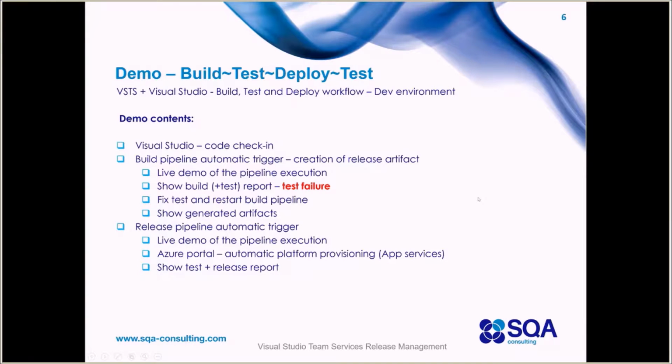So now I'll be running a demo where basically I will show this build, test, deploy, test workflow, starting with my code check-in, checking my build pipeline, the automated trigger, as I've set it up previously. It will kick off after I check in my code from Visual Studio. We'll have a look at the live execution.